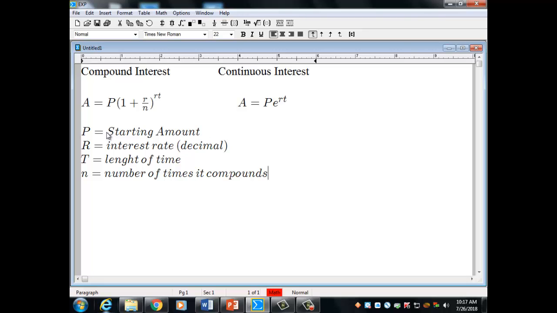Semi-annually would be 2. Daily would be 365. Does that make sense? And then there's continuous interest, which basically just means it's always drawing interest on the interest. Every second of every half second of every day, it is compounding continuously. Okay? 2 totally different formulas.